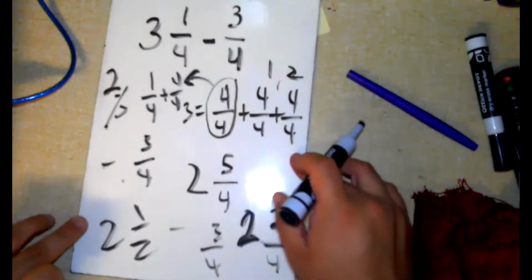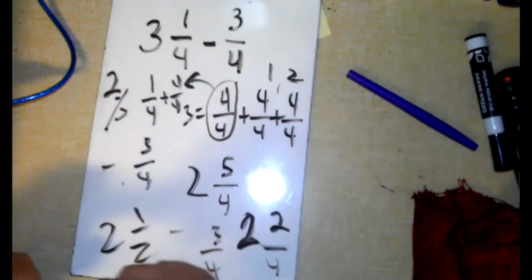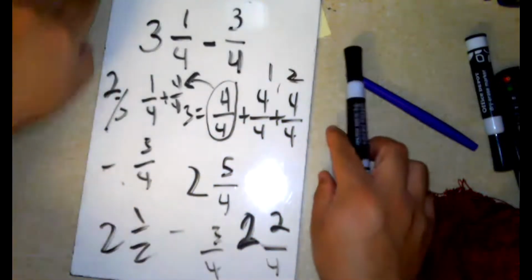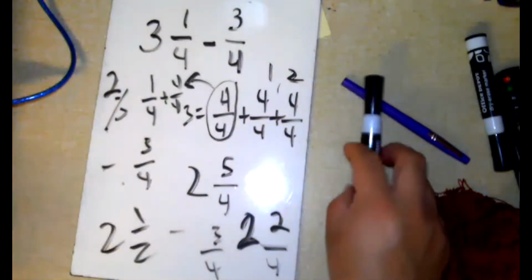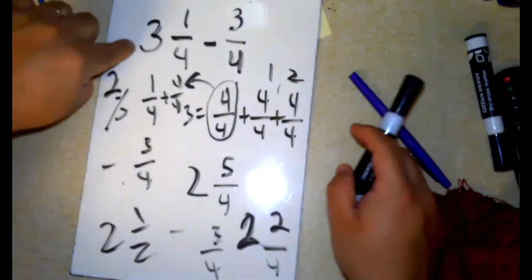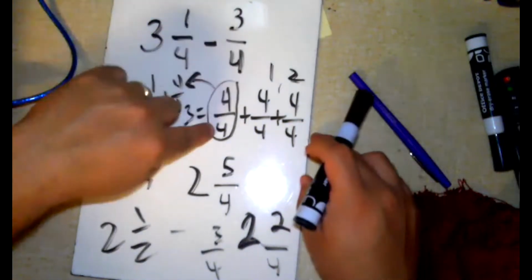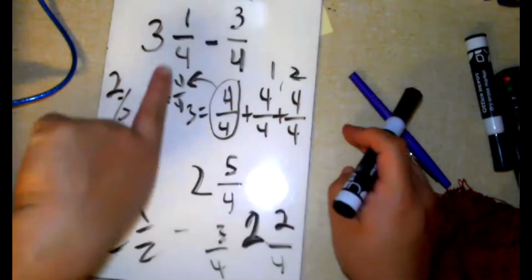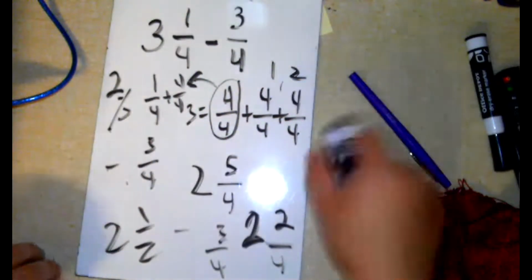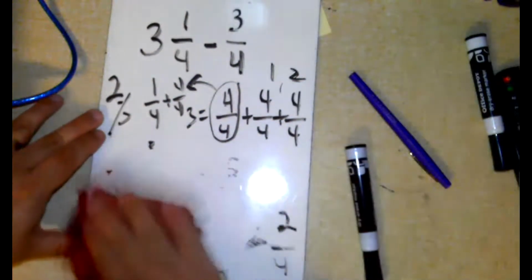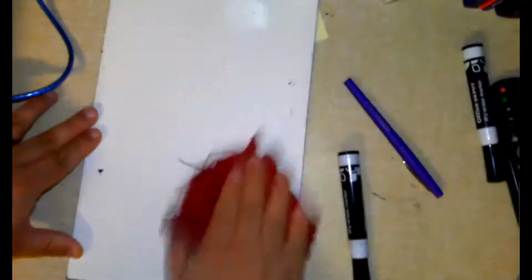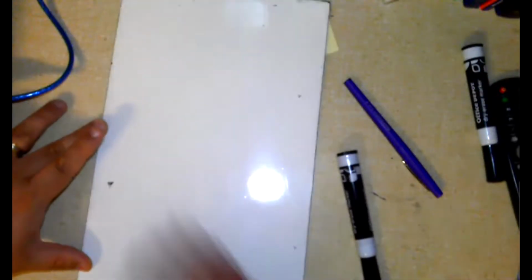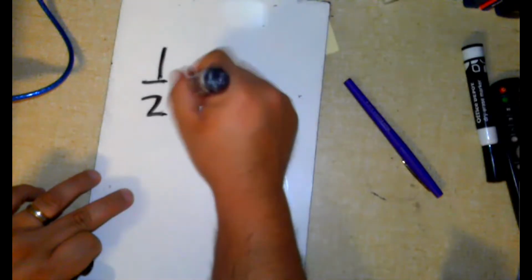So this is another strategy you could use. With this one, you have to recognize that this whole number is really 4/4, 4/4, and 4/4 added up. And then the main thing is you're finding that equivalent fraction. So 1/2 plus, I don't know, make it 9/10.